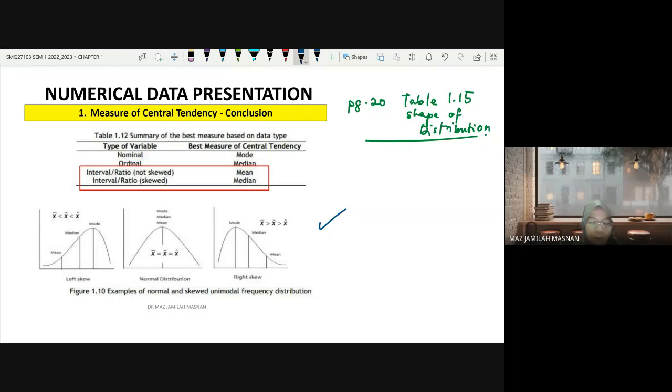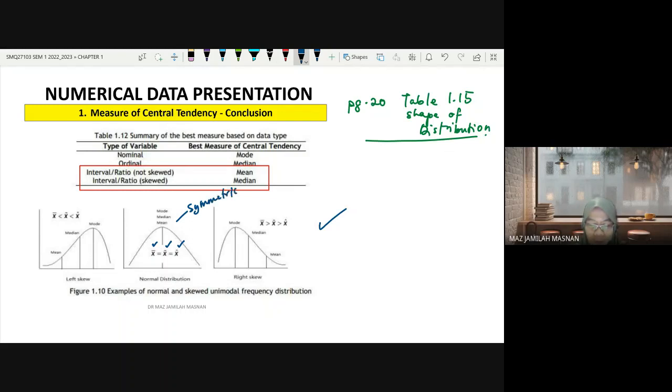Let us begin with the middle figure. When the value of the mean, the median, and the mode share the same value, this is what we call a symmetric distribution.